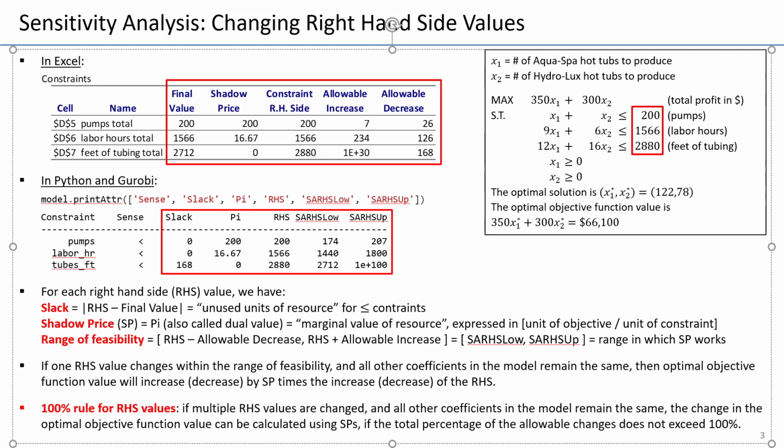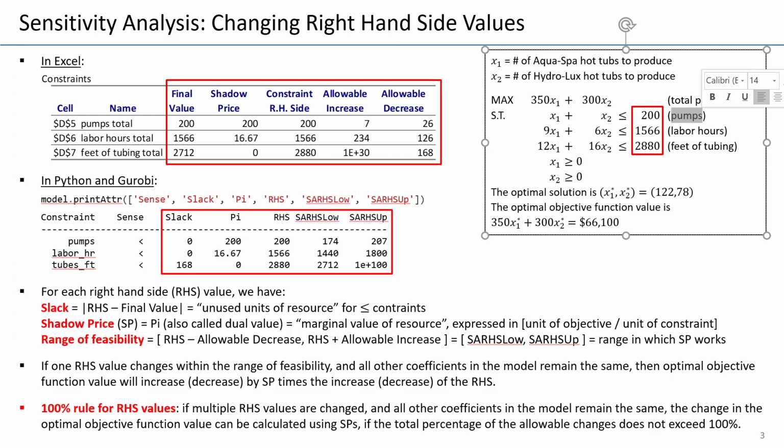Okay, what else do we have? We have this shadow price. In Excel, it's called shadow price. In Gurobi, it's called pi, and also dual value, right? What this means is it's a marginal value of resource. It tells us how valuable each of those resources, pumps, labor hours, and feet of tubing, is, as measured in terms of increase in profit.